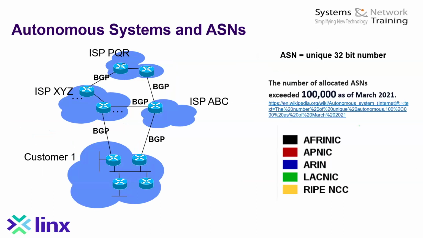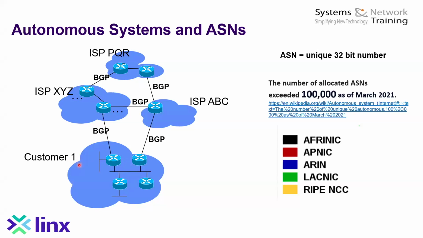Now, again, we've got this same sort of graphic up here, and this could be an enterprise organization or a government organization. It could even be another service provider, and they have, as I'm indicating here, routers that they own and that are interconnected.